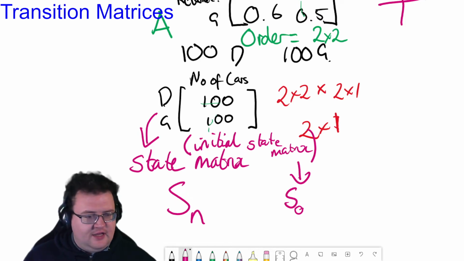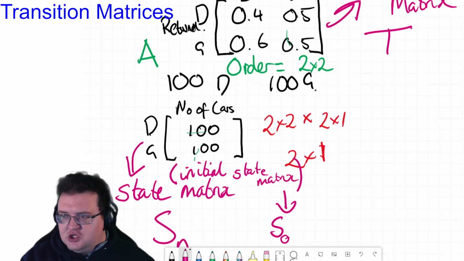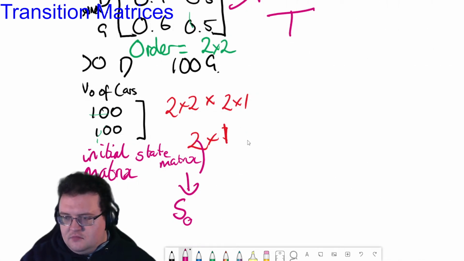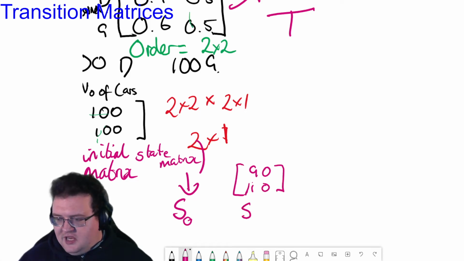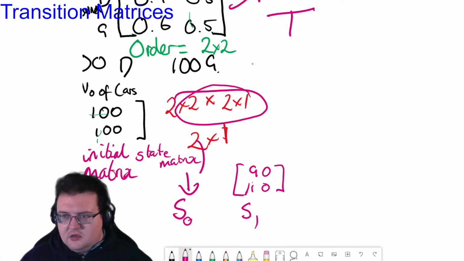I'll label it like that, S0. If I was to do this experiment once, then what did it come out as? It came out as 90 and 110 the first time I did it. That would be S1, because I've done T times S one time.